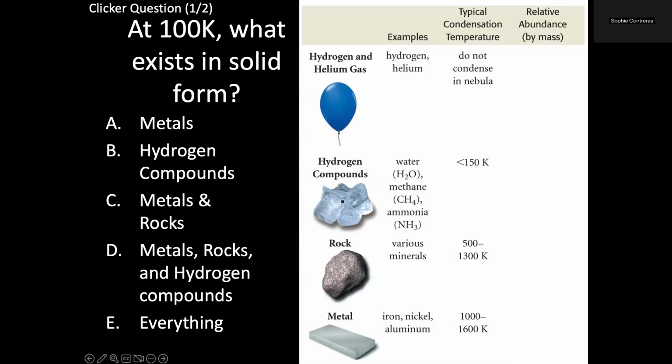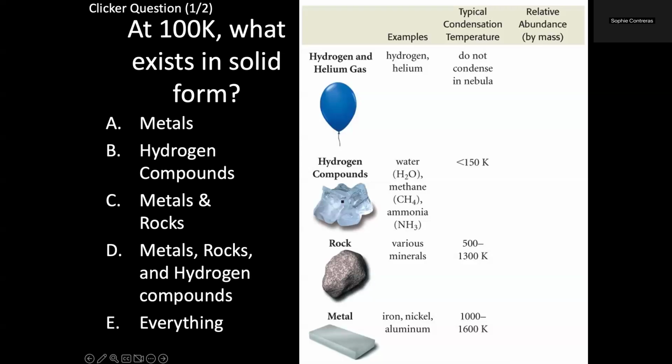Okay, final vote in 5, 4, 3, 2, 1. All right. Is it everything? Why not? Yeah, because hydrogen and helium gas can never condense. So it's not E.